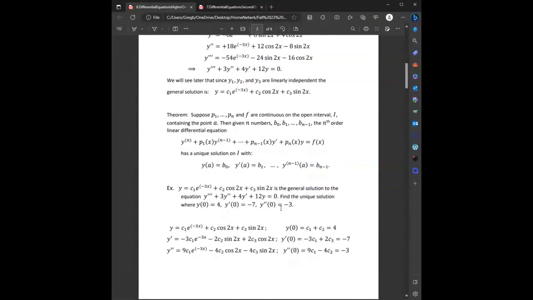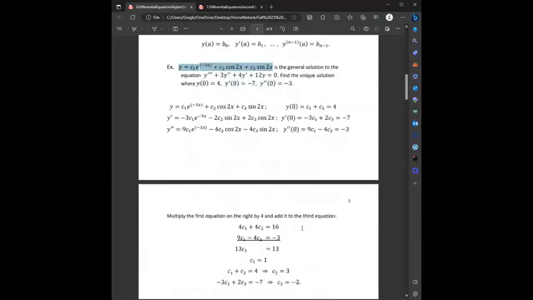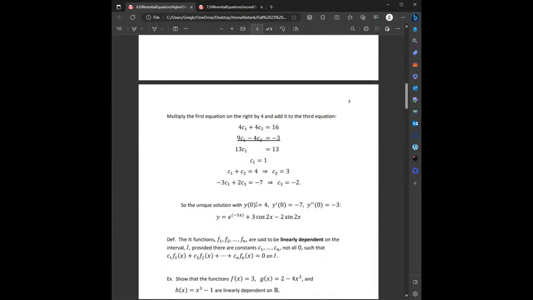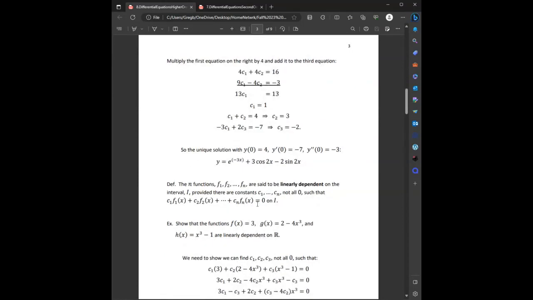So we derive twice and then plug in 0 and set it equal to the given number. That gives you a system of equations, and then you could just solve the system. That will give you your constants, which you could just throw back in. Nice. So that one's pretty clear.